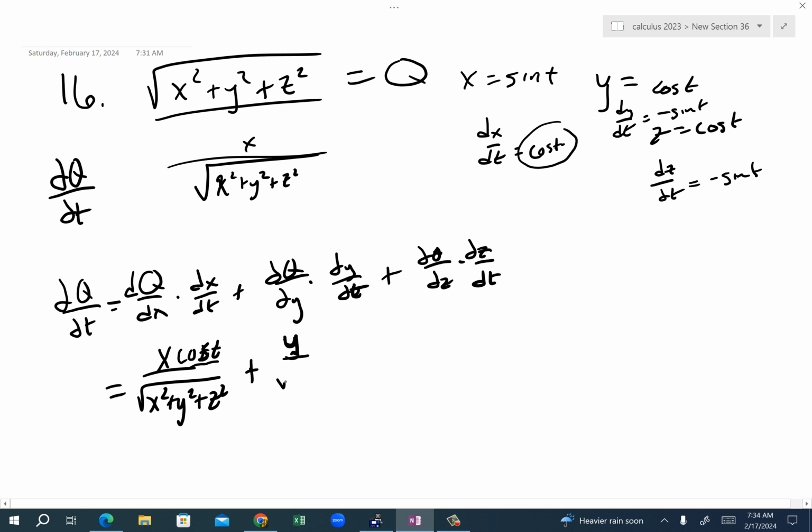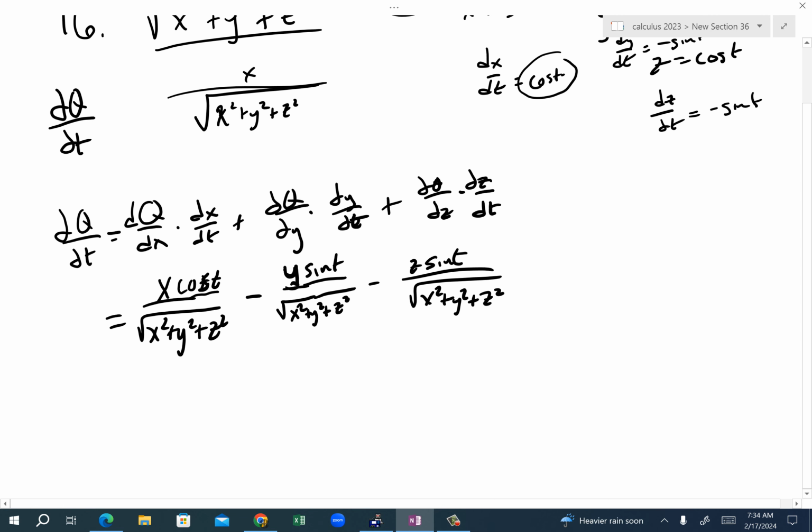And then, of course, this guy, and there's going to be a minus sign on top, so I'm going to fix this to a negative. And then minus again, but this time it's going to be z sine t over this. Okay, that's pretty cool, right?